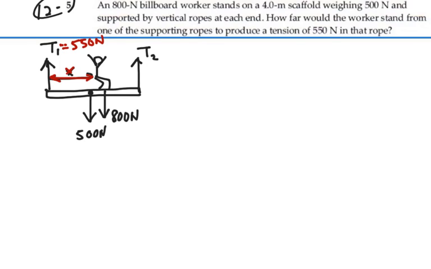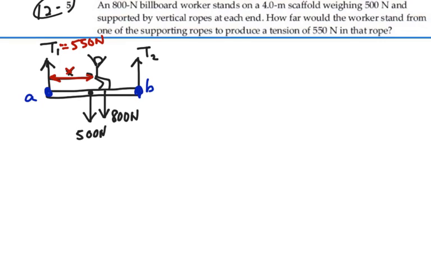Alright, so we know 3 of the forces. We don't know tension 2, and we want to find x. So one way to approach this problem is to set up a torque diagram, and as we're choosing which axis we're going to use, 2 good points to choose would either be A or B. Now if I choose A, I'll eliminate T1 from consideration because its line of action goes through A, but that's not a good thing because I already know what T1 is, so I want to use that in the problem.